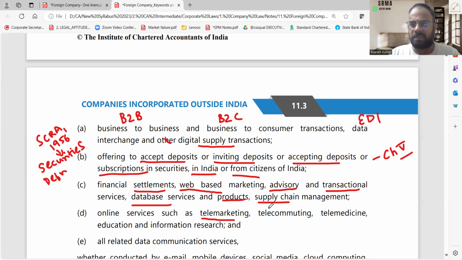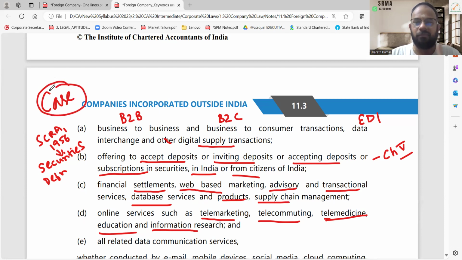Nobody is coming in person to do the marketing. Telecommuting, telemedicine also. They subscribe the prescription through the app itself. Education, information research, everything that you do, it is all what? Electronic means, electronic mode. Based on this, they will ask you a case-based question. So be very careful and strong.